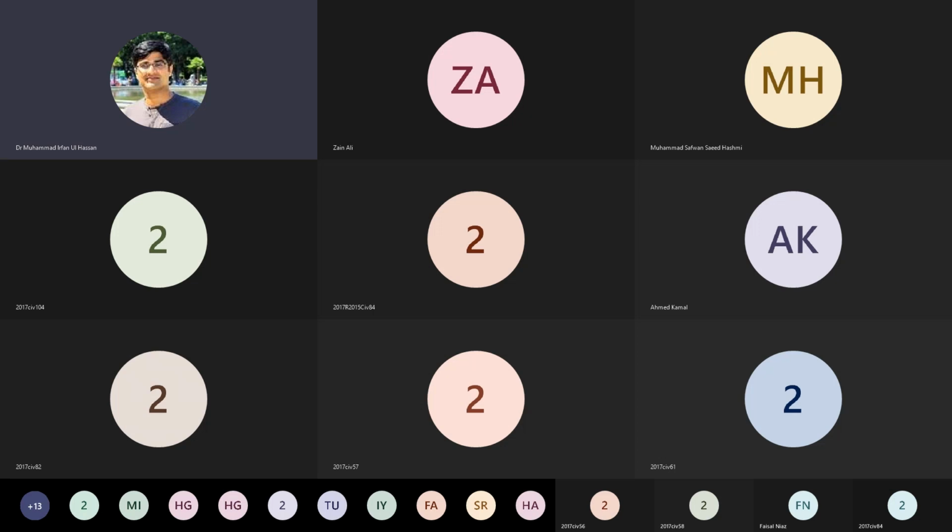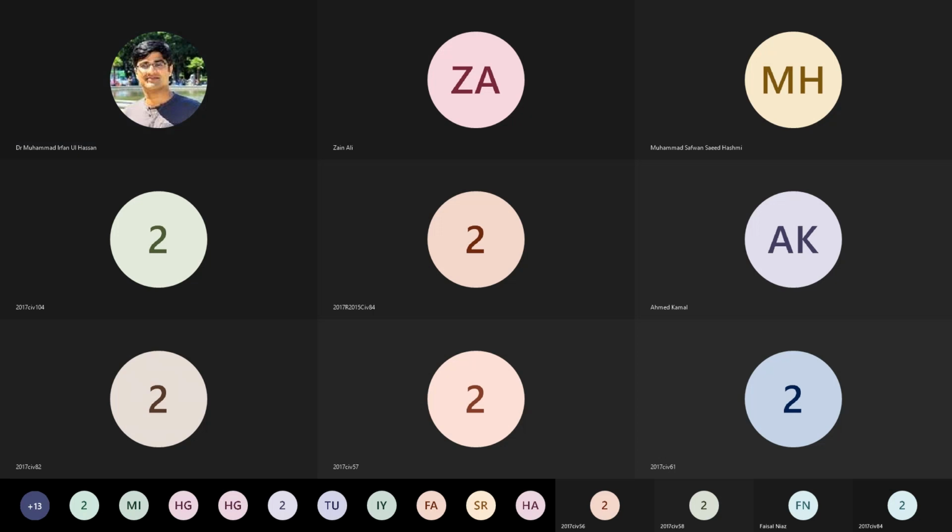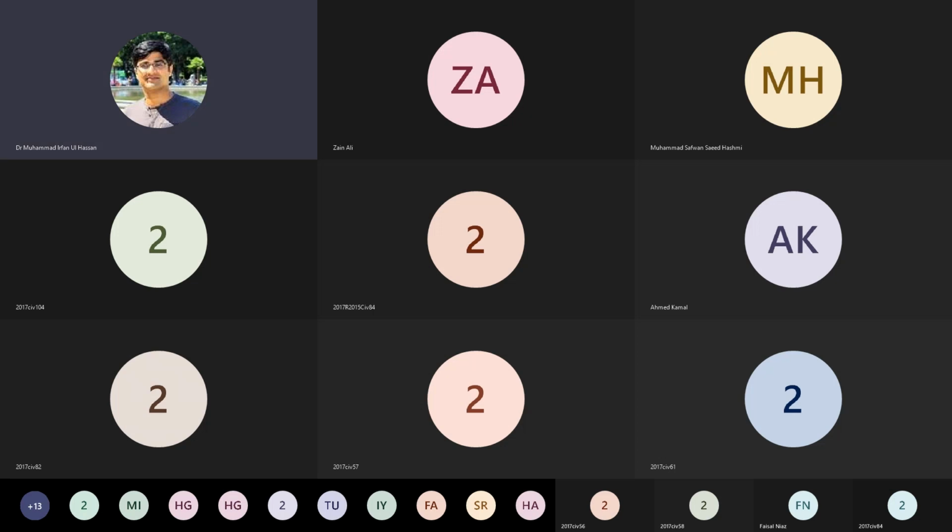So the detailed soil report is shown, and the soil report comprises many things. These include the type of the soil, and the bearing capacity of this soil.